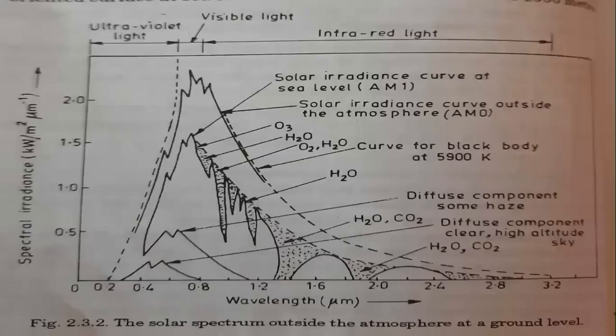This figure shows the spectral distribution curves. On the y-axis we are taking spectral irradiance in kilowatts per meter square, and on the x-axis we are taking wavelength in micrometers. This is the spectral distribution curve. It gives the distribution at the top of the atmosphere and at ground level, at sea level, and it gives the diffuse component also.